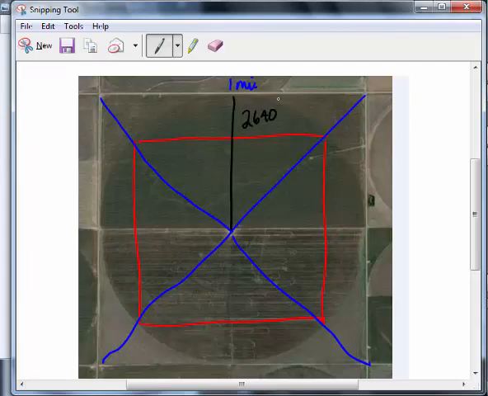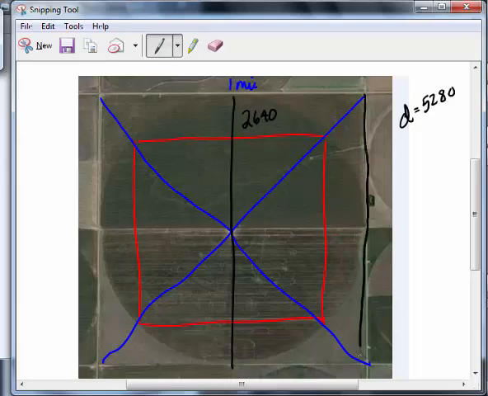And then the diameter, of course, is what they're given. Diameter is 5,280. So we want just the side of this one, 5,280 compared to the side of this one, and they want that as a fraction, not as a number of feet, I don't think. Well, we'll do it both ways.